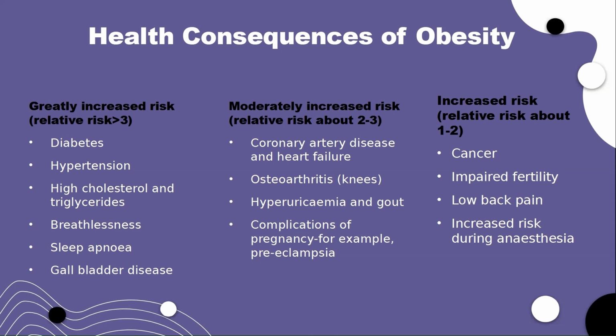This is because you're going to be carrying a lot more weight, and you're going to be putting a lot more stress on your spine. And there will be more joint-related problems. So if you have to go for surgery, the more obese you are, the greater the risk of dying or having complications related to that anesthesia.